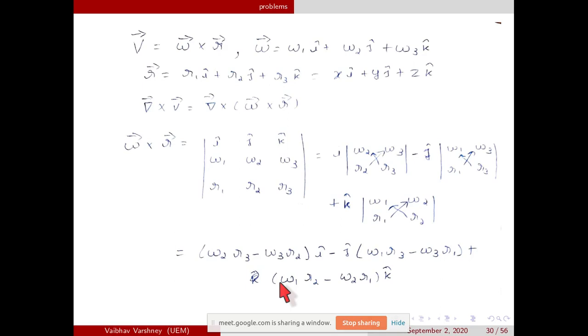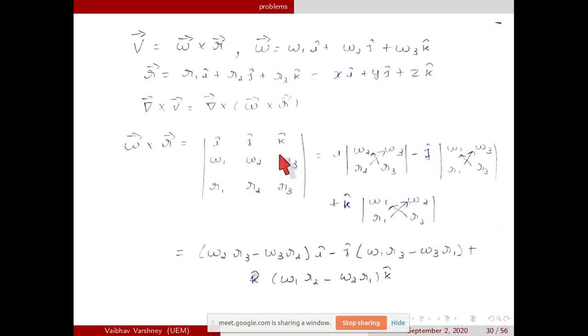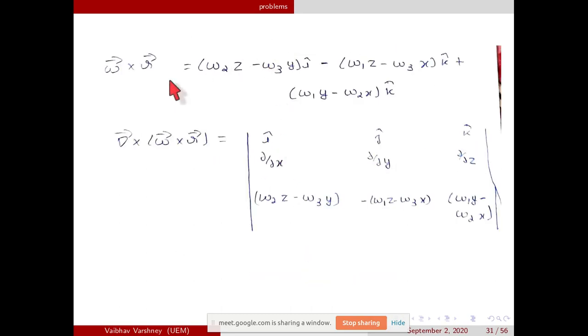Any problem in this? Okay. Now we can put r1 as x, r2 as y, r3 as z. After putting this we get omega 2 z minus omega 3 y i cap minus omega 1 z minus omega 3 x j cap plus omega 1 y minus omega 2 x k cap.